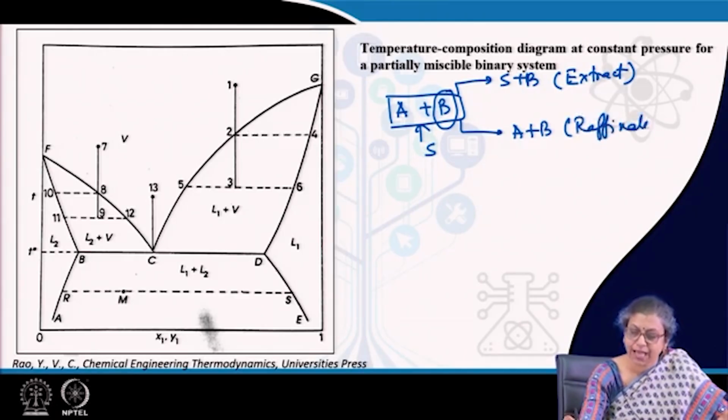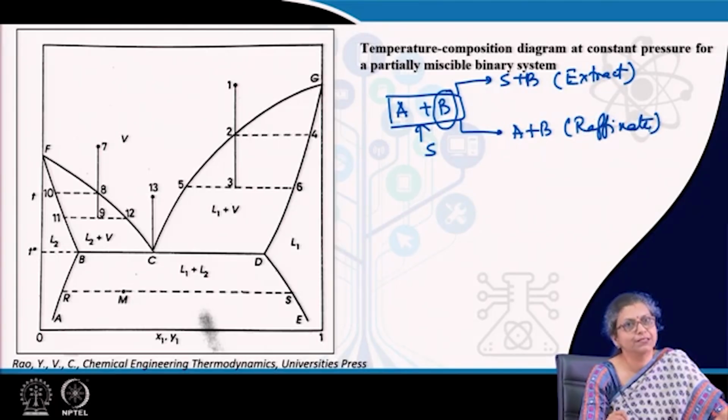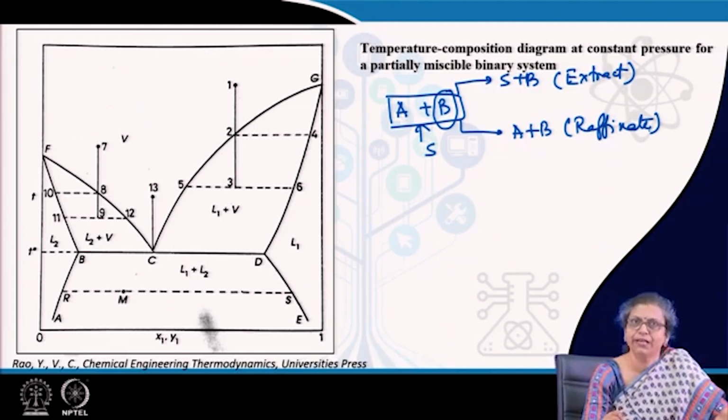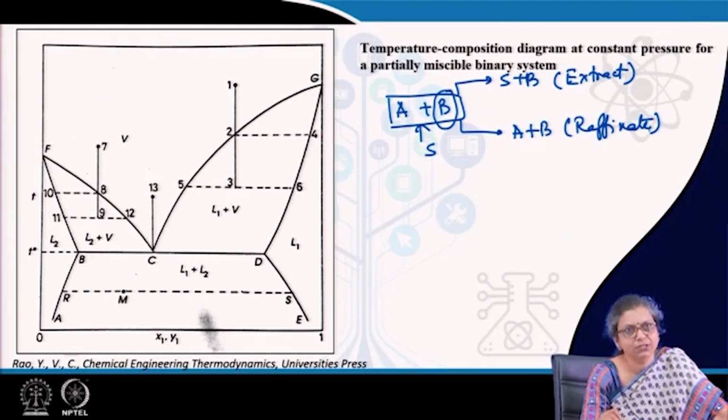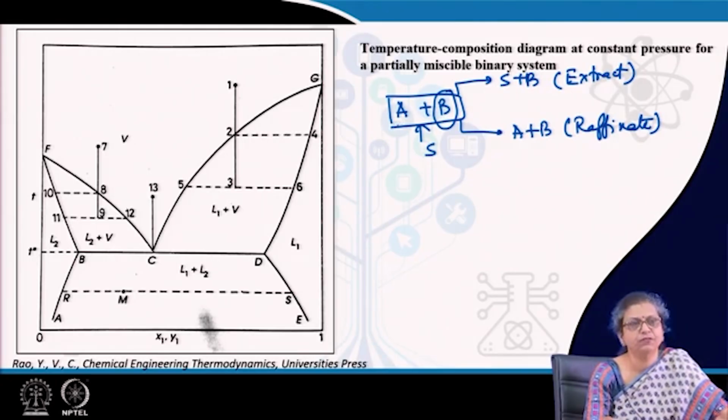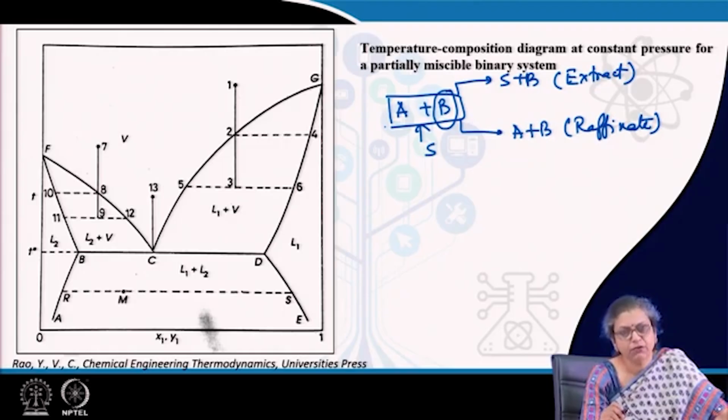But along with this, there is something more that we should remember when dealing with liquid extraction cases. No matter whatever solvent you use, even if the solvent and the basic solvent in the feed are chemically extremely different, there will always be some amount of miscibility between the two solvents.